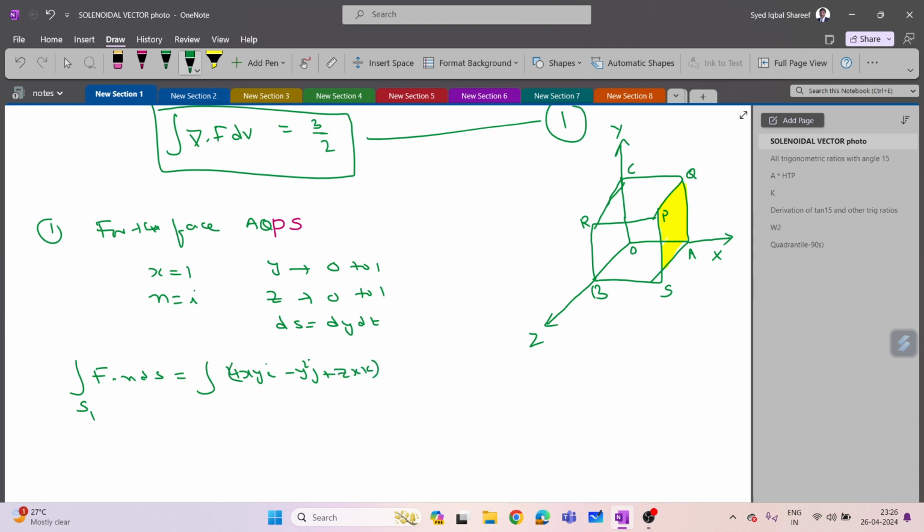Now, n is i. What is our dS? dS is dy dz. So i dot i is 1. So our surface integral will be double integral of 4xy dy dz, from 0 to 1.